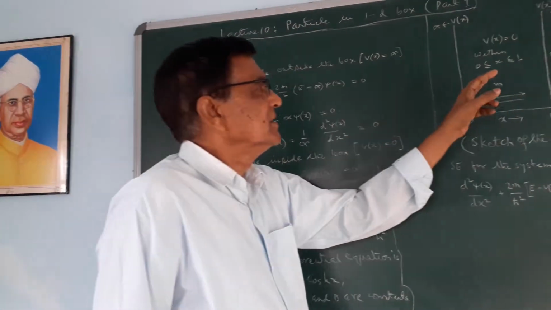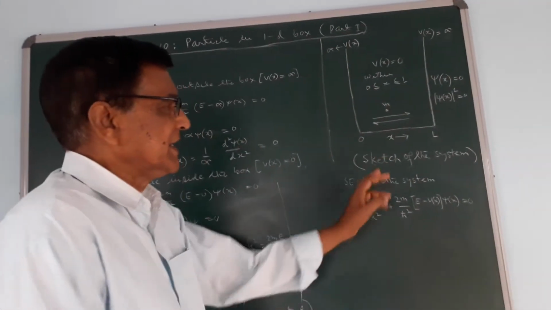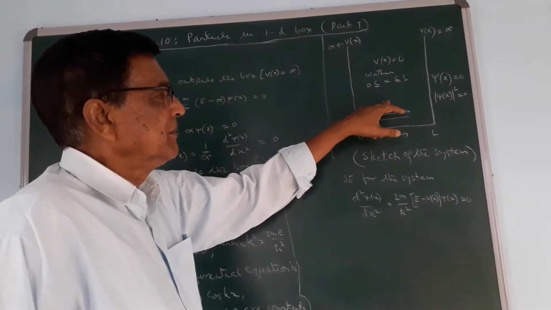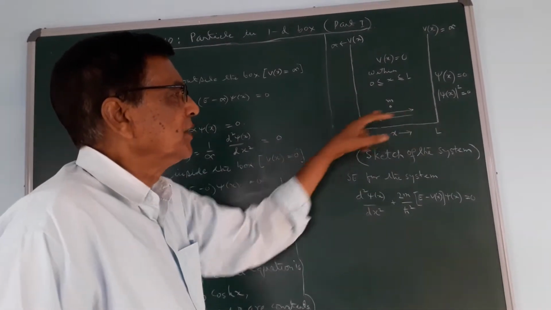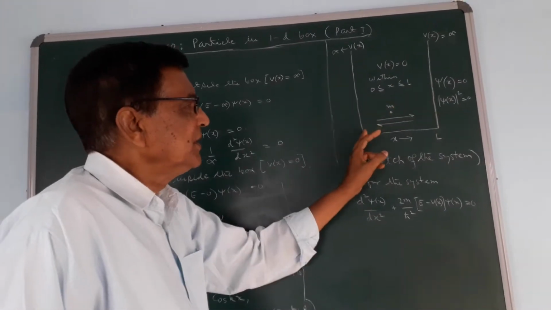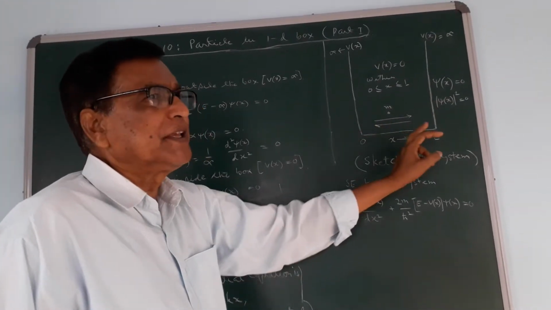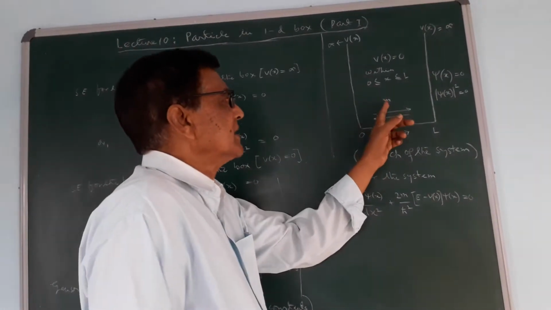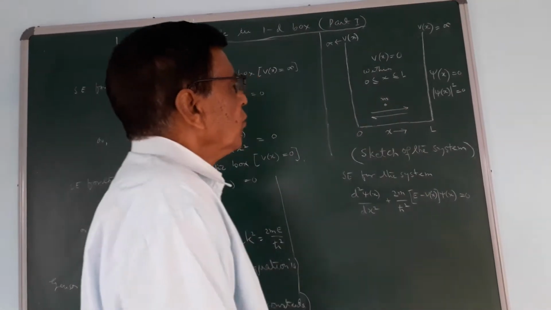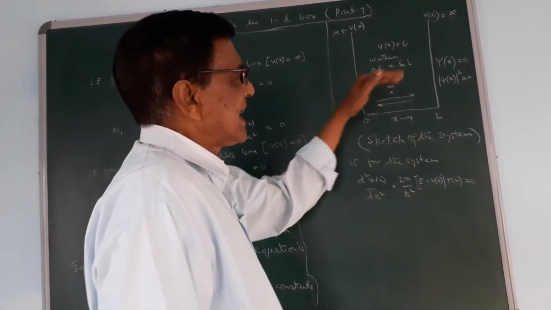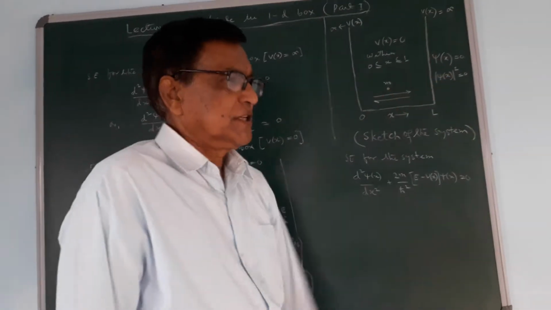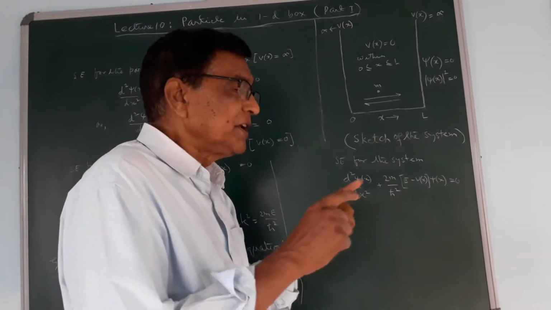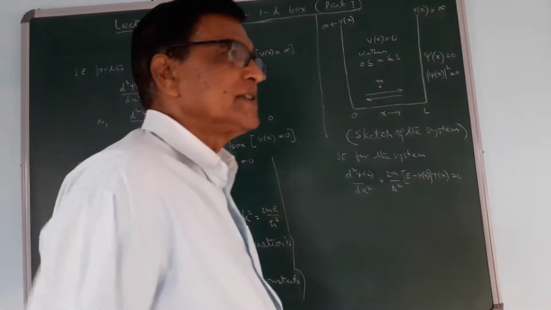This is a sketch of the system. One particle of mass m is executing to and fro motion within a box of length L along the x direction. No force is acting on this particle except when it collides with the wall and rebounds back elastically, meaning every collision is elastic.